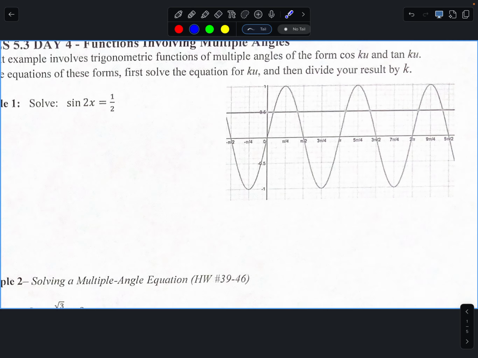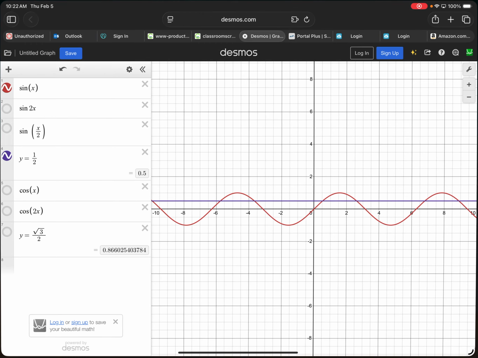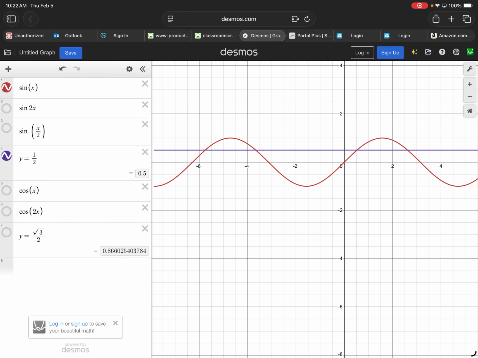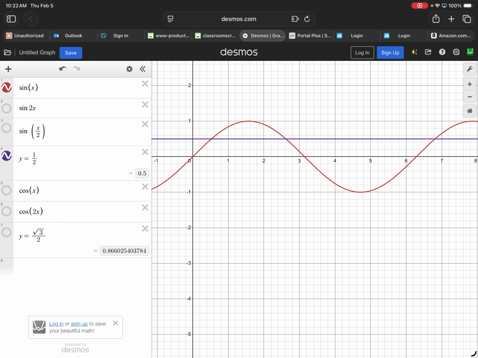I brought up Desmos, and just here I've got the graph of the normal sine of x. And so with the normal sine of x, we're back to 0 here, and that's your 2 pi. And here we're at pi halves, we're at 1, pi we're at 0, 3 pi halves, you're at -1.